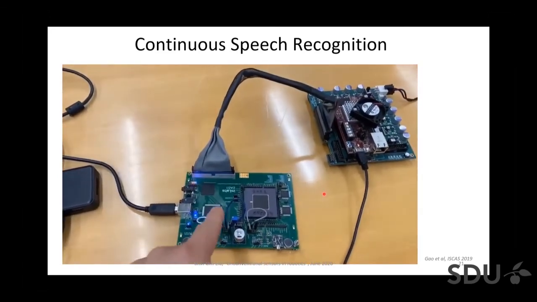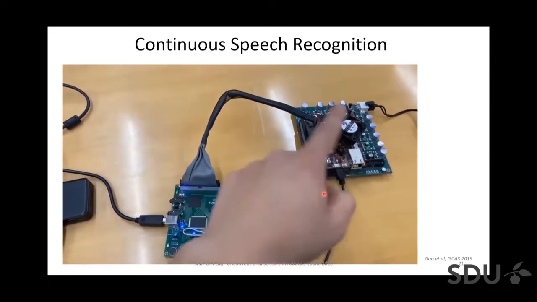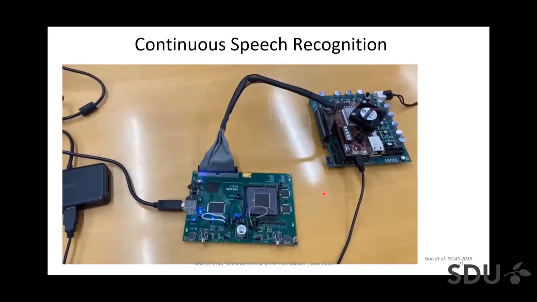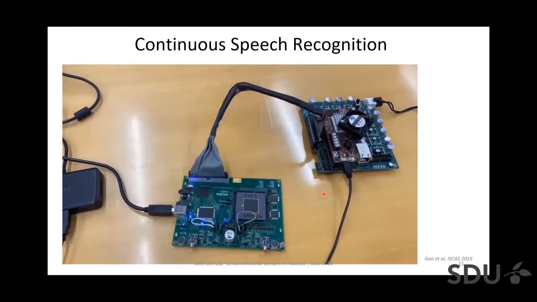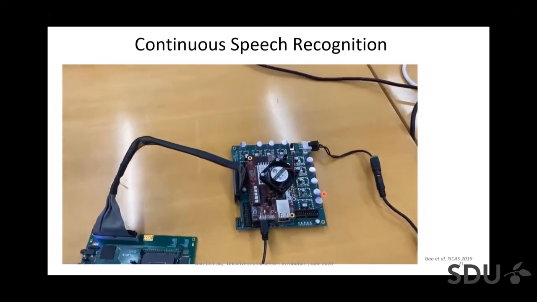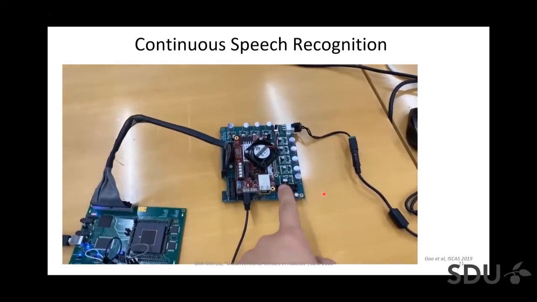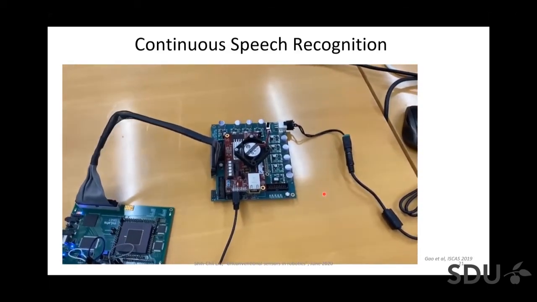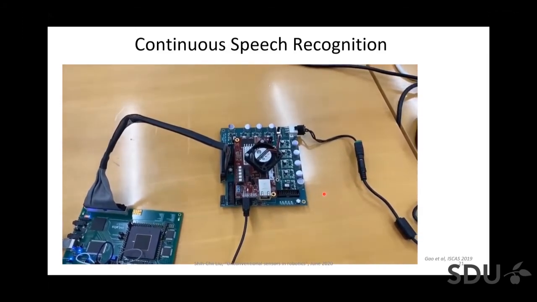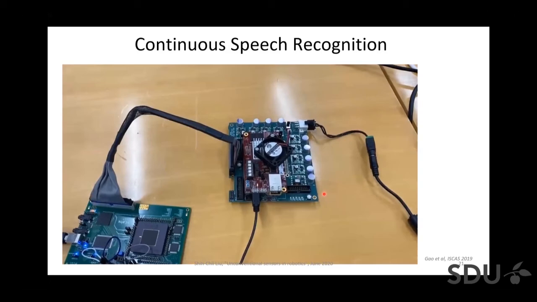The spike events also go from the Cochlea board to an FPGA board through a cable that transmits the spike events in the AER protocol. On this FPGA board, we implemented our Delta RNN accelerator that is able to run a gated recurrent unit-based recurrent neural network to do the spoken digit recognition.